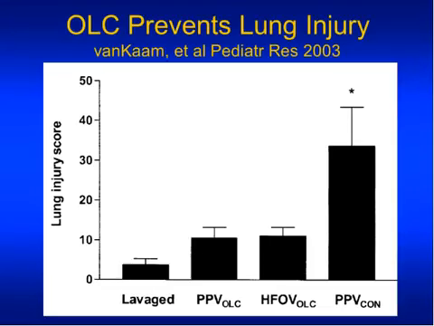In the second column from the right, labeled HFOV, with the open lung concept, you can see that indeed they achieved much lower lung injury scores, but next to it is our animals that were ventilated with conventional rates, but open lung strategy. And you can see there was just as much lung protection using that approach.